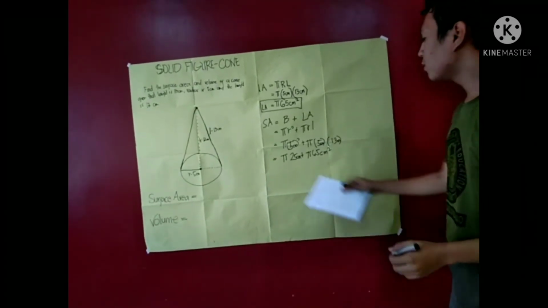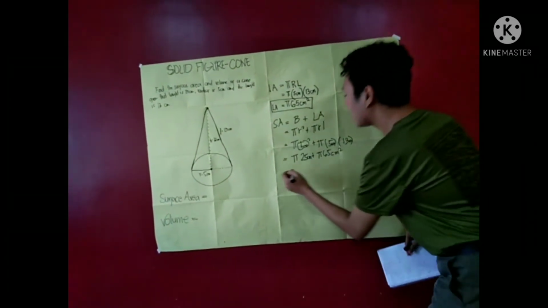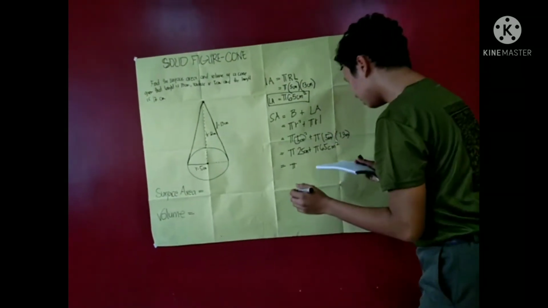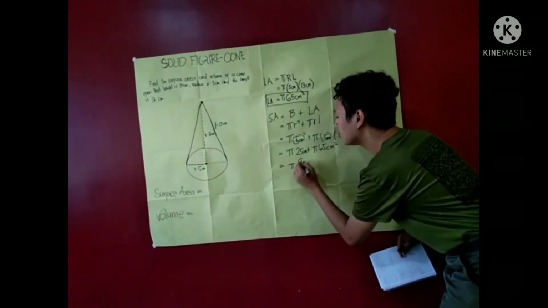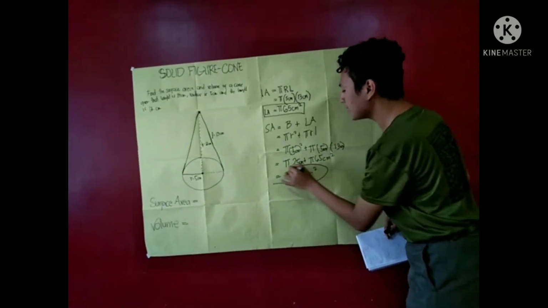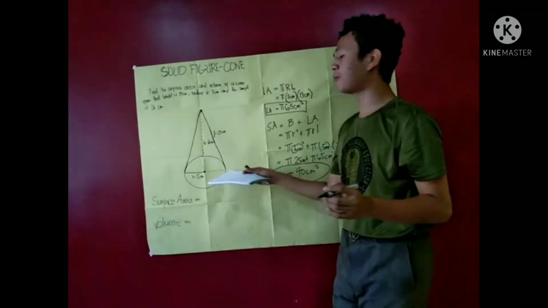Don't forget the centimeters. After that, we need to add them, which is equal to pi times 90 centimeters squared. So this is the surface area of a cone for this problem.